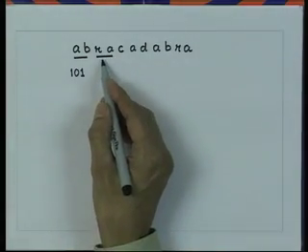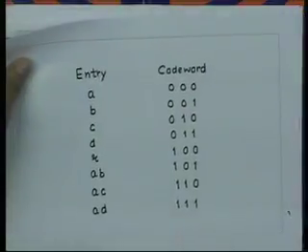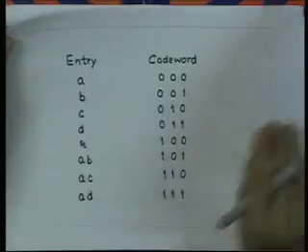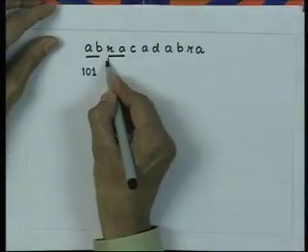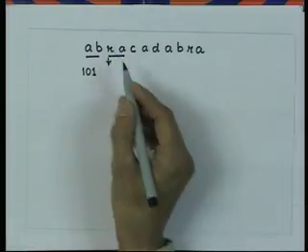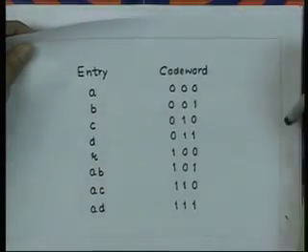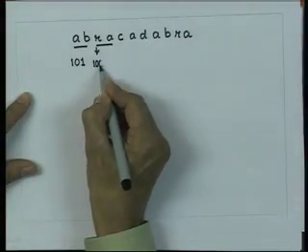Now if we look for RA, we find that RA does not exist in the code. So we take the first character of this diagram, R, and code it individually, and the code word for R based on this code is 100. So we code this as 100.